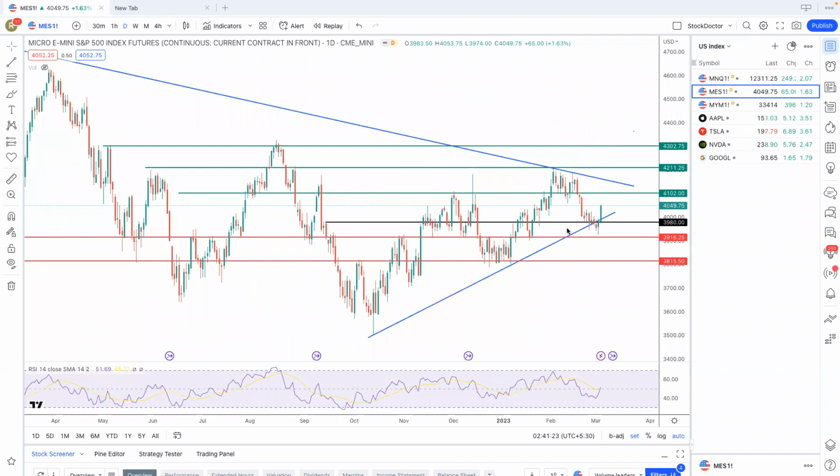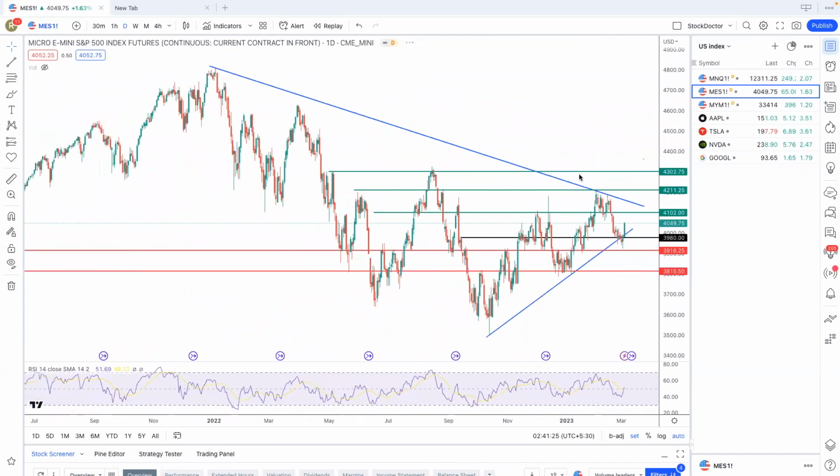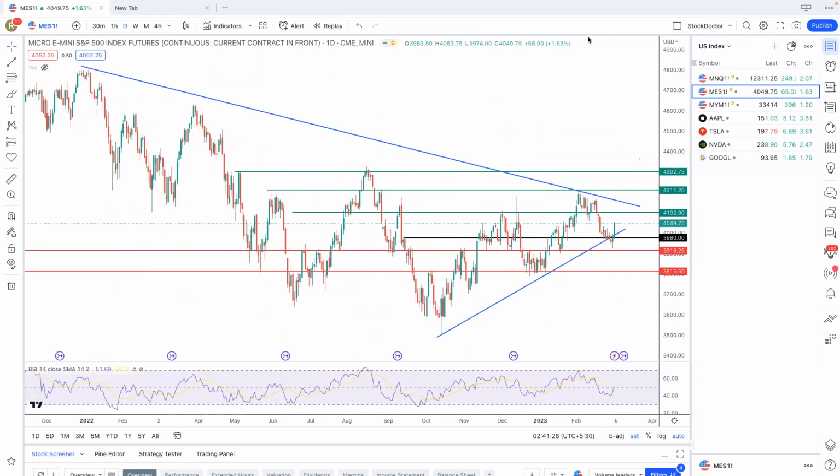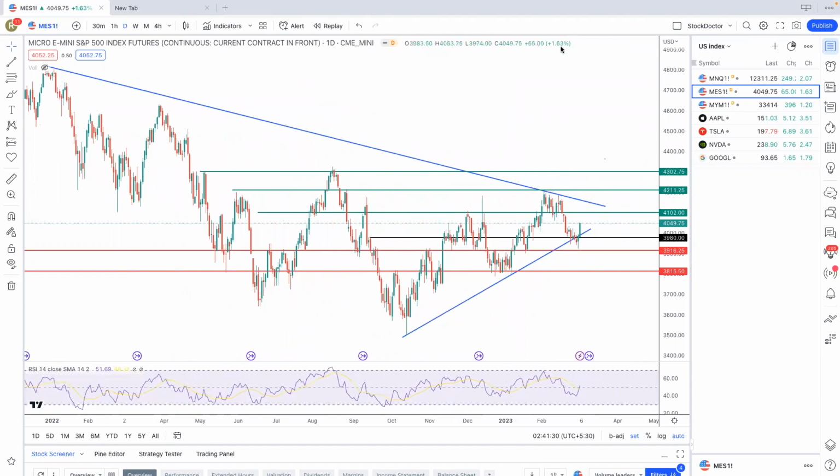You can see that long-term trend line breakout. This is the long-term trend line. It gets breakout above 4200, and once it breaks 4200, then multiple upside is possible. On the contrary, if 3980 gets broken down, then the first target is 3900 and second target is 3800.